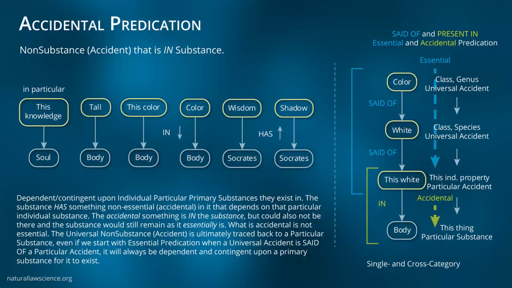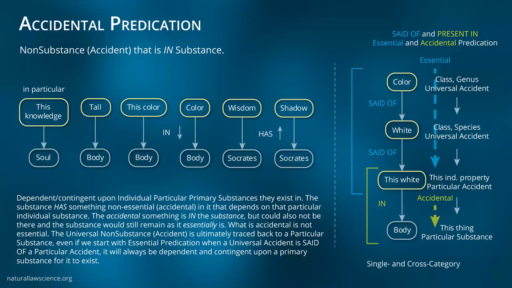So you only have the accidents that will change, but it will still be what it is. What is accidental is not essential. The universal non-substance, the accident, is ultimately traced back to a particular substance, even if we start with essential predication when a universal accident is said of a particular accident. It will always be dependent and contingent upon a primary substance for it to exist.